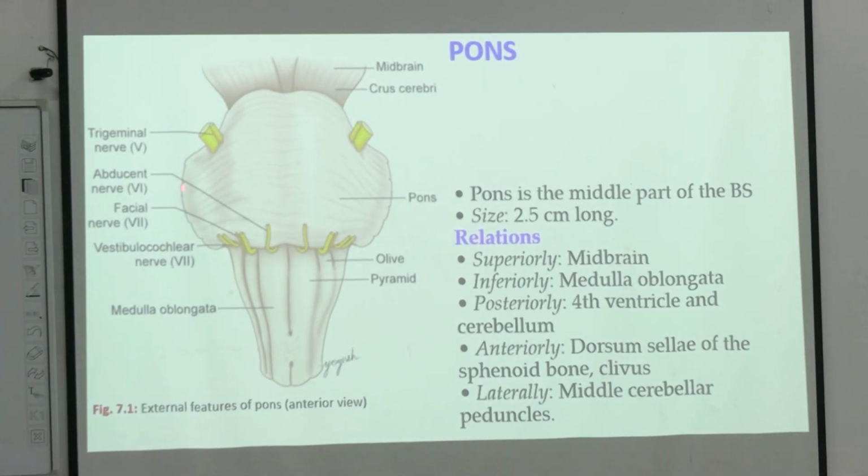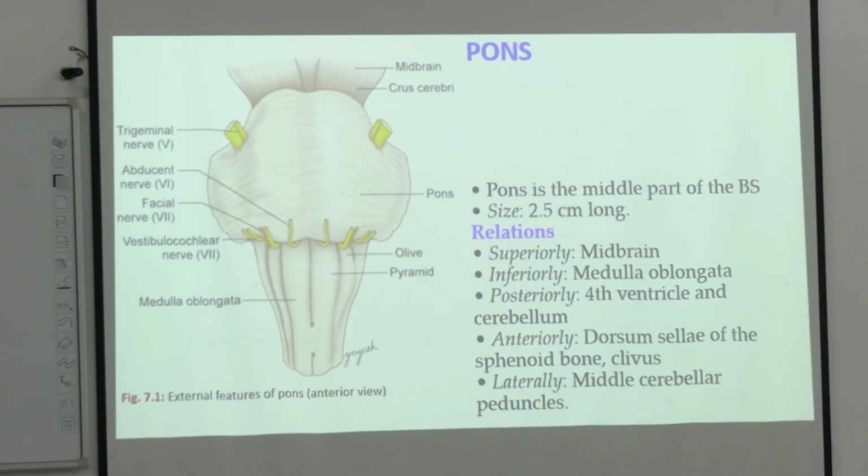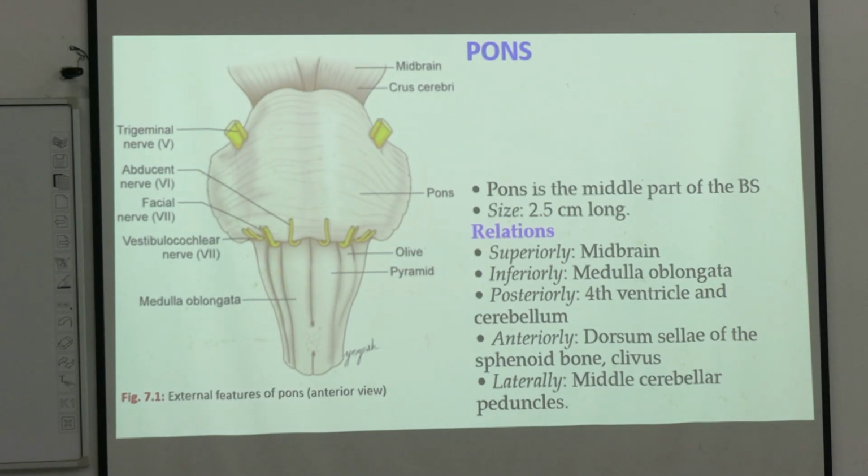Now in between this basilar groove and this peduncle, we have a nerve exiting here, which is the trigeminal nerve, the fifth cranial nerve. This trigeminal nerve is a mixed kind of nerve. It can pick up sensation, and the sensory part you are seeing here is wider and thicker. It also provides motor supply to some of the muscles in the neck region.